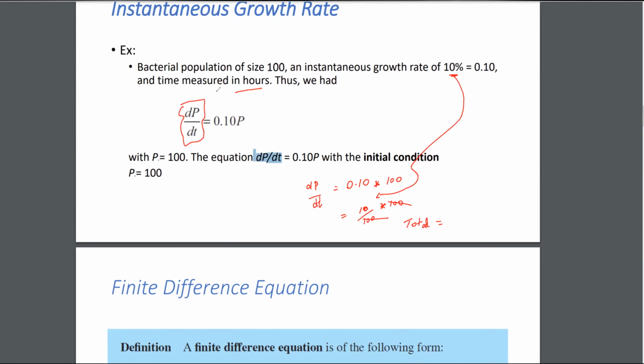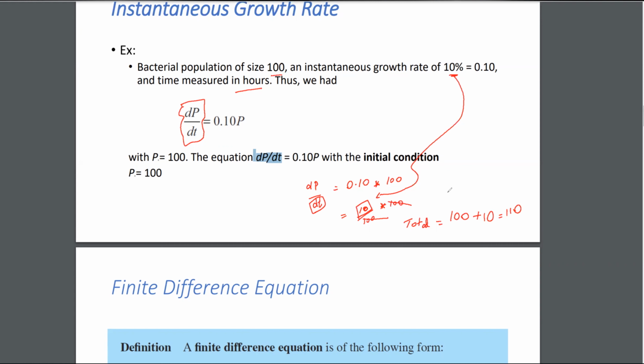110, yes. Initially you have 100 people, and after 1 hour I get 10 more of them. So the change of value is 10, and this is equal to 110 total.